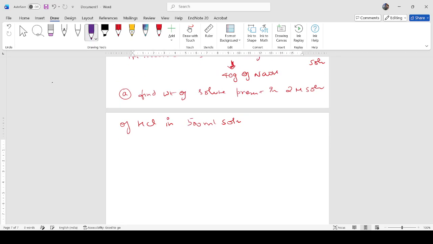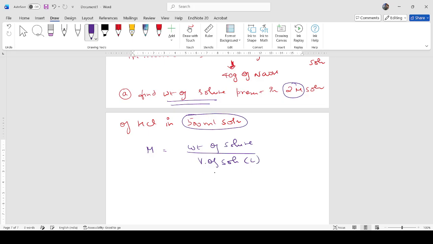But remember, JEE never gives just one single question. You just saw the two questions here. In order to get that 4 marks, you have to solve many of them, isn't it? So here they are providing you the molarity and the volume of the solution, and asking for the weight of the solute. So just substitute: molarity is equal to weight of solute divided by 36.5, correct, into volume of solution in liter.